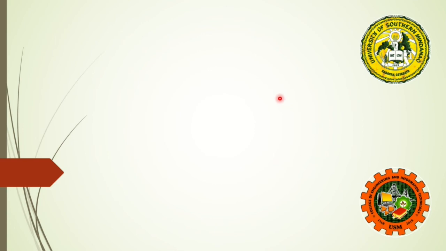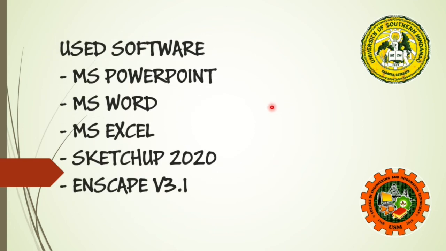Okay, so I think that would be all, guys. So, our used software here in our presentation, of course, MS PowerPoint. Ito rin po yung ginagamit ko ngayon para pang-record. Somewhere nakita ko lang po yung screen record dito for the first time.